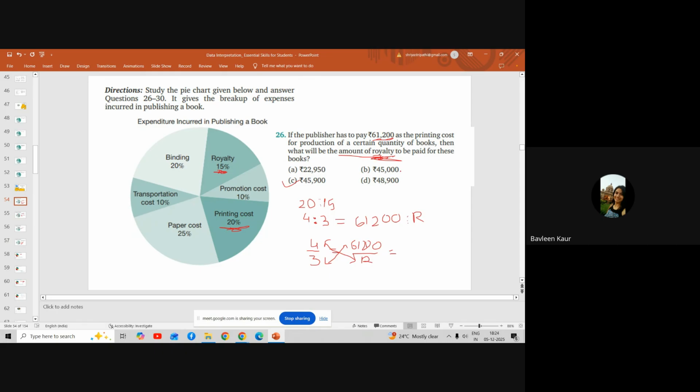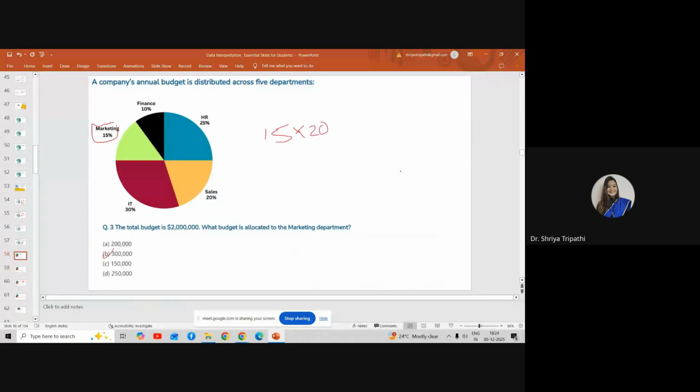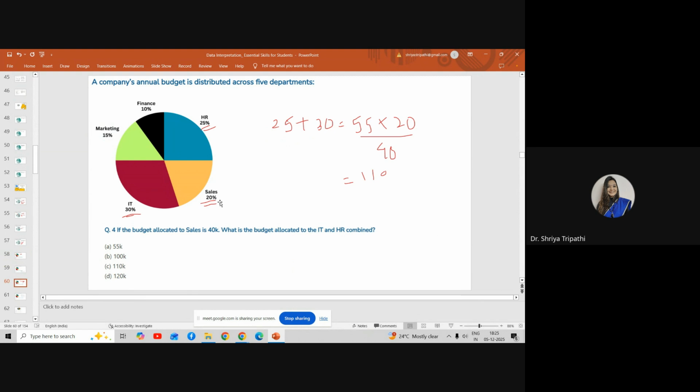We used the ratio thing. Here also, we will do the same thing. I have combined both the percentages together. See, here we can write if 20 equals 40,000, then 55 equals to... basic unitary method also will do. We'll land up with this.